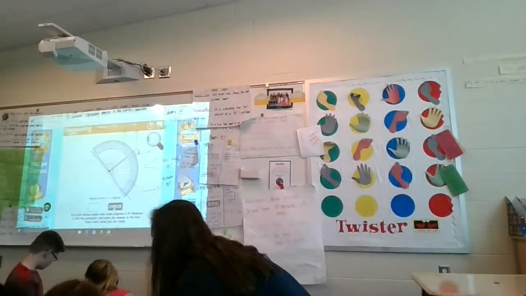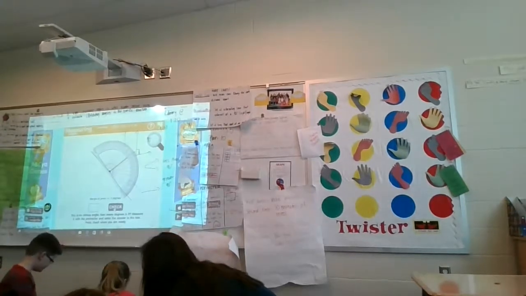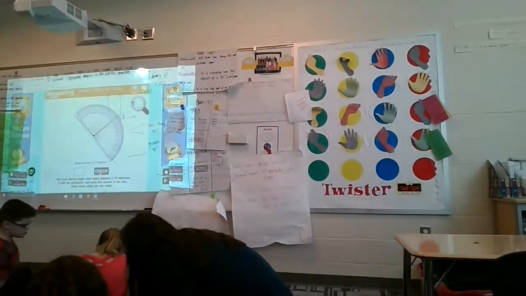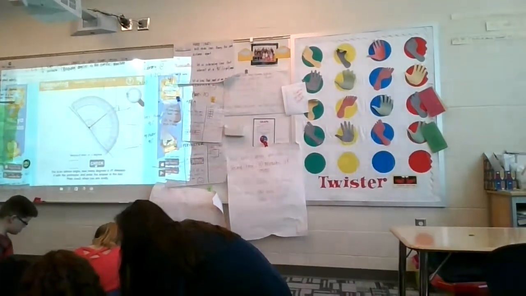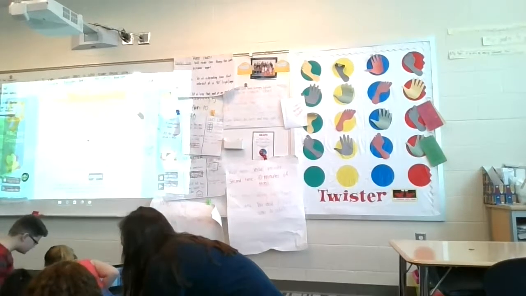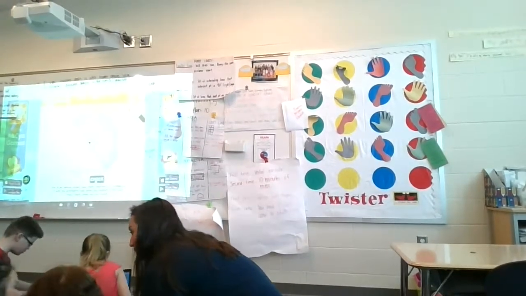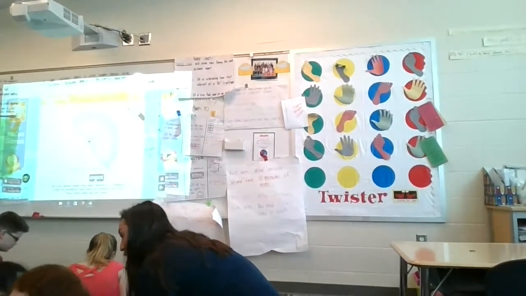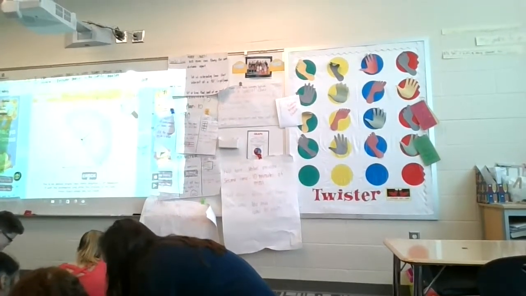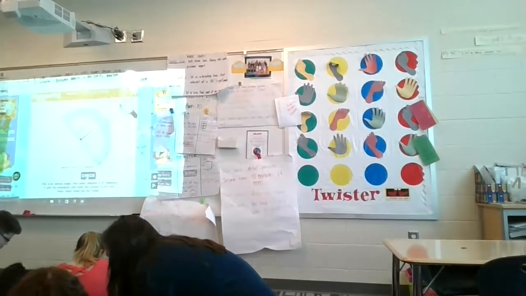So, good job, Jessica, lining up one of the rays to the center point of the vertex. Excellent job. So, what kind of angle is this? Thinking about what kind of angle does it look like? Acute. So, is it going to be less or greater than or equal to? Less than 90. So, would it be 160?